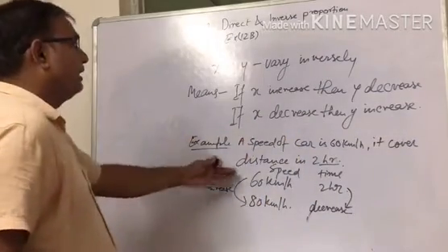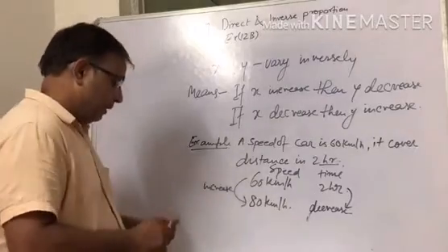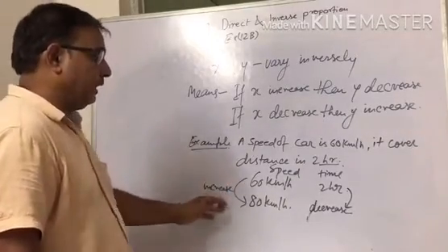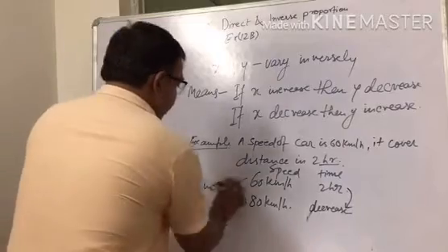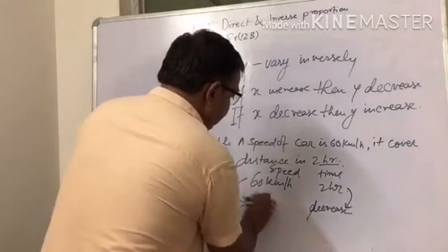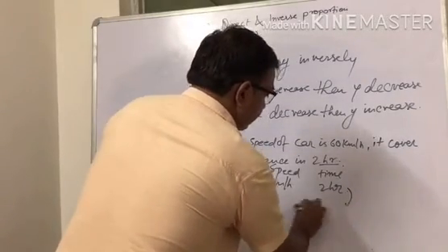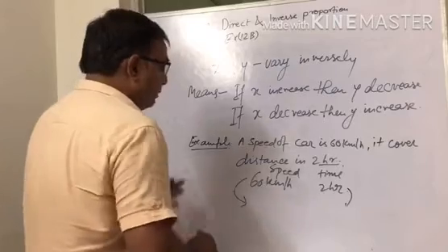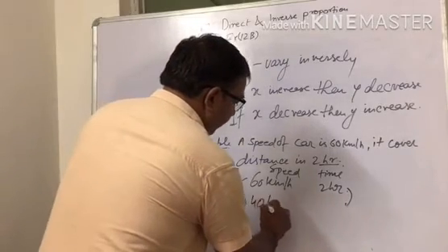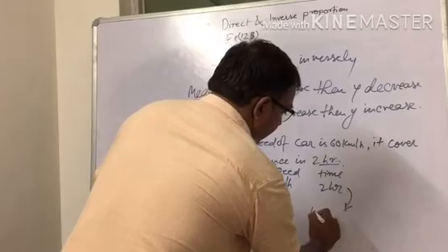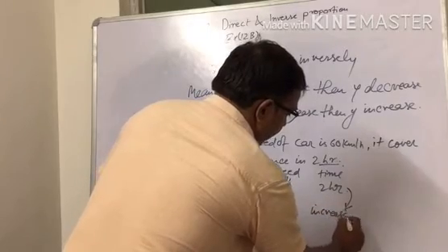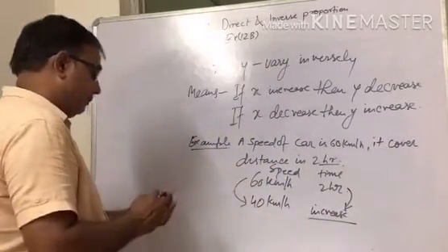Now this is an inverse variation, means that one quantity is increased, the second quantity is decreased, and the same if we decrease the speed, suppose we decrease the speed to 40 km per hour, then the time taken increases.